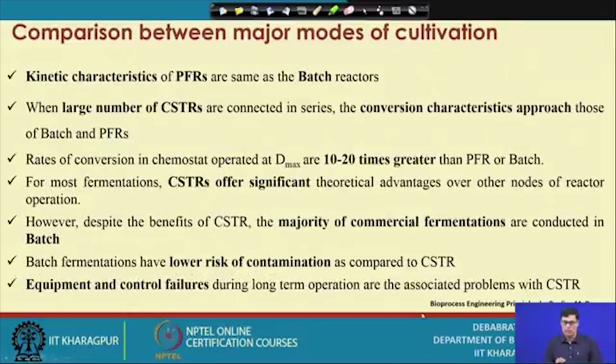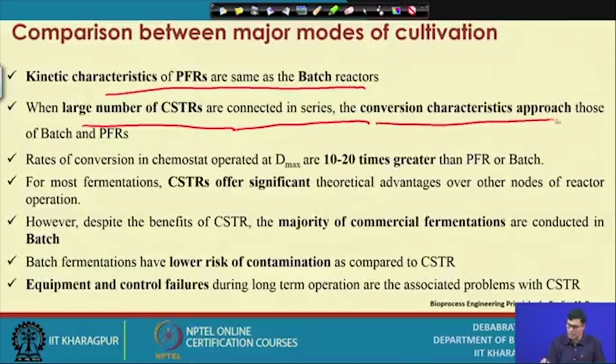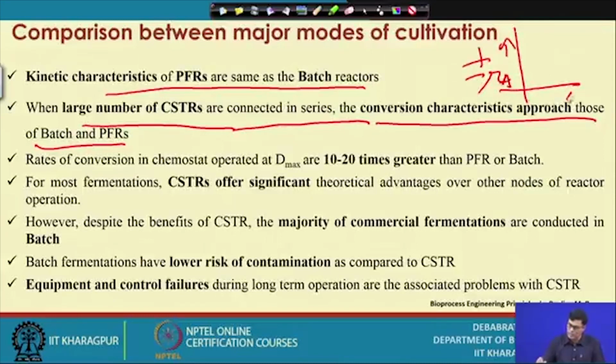Now, comparison between the major modes of cultivation, what I lastly pointed out: the kinetic characteristics of the plug flow reactor are the same as the batch process. With a large number of CSTRs connected in series, the conversion characteristics approach those of the plug flow reactor. I showed you that when you plot minus RA versus CA in a chemical reaction, in case of product inhibition, this is tau for the plug flow reactor.